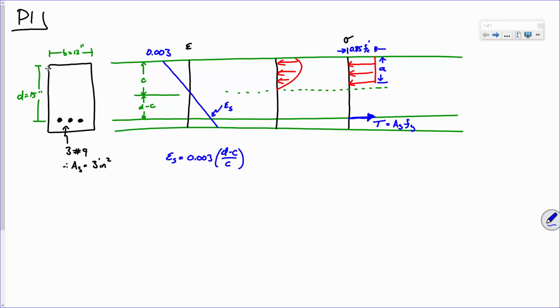Now, let's go through our stress profile and let's see what all do we know and what all do we not know. Okay, here's our stress profile. We know Fy, right? For this beam, what is Fy? 40 ksi, not 4, but you're exactly right. So we know Fy is 40 ksi.